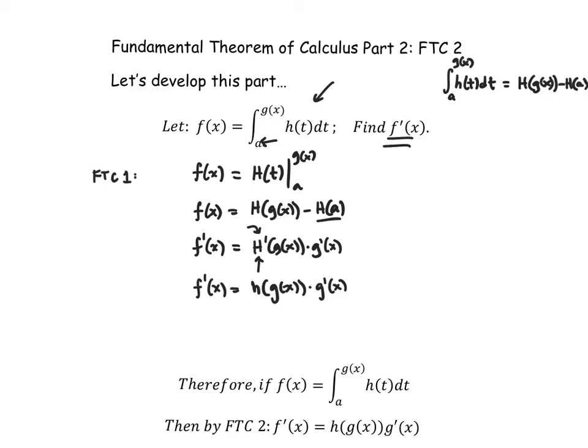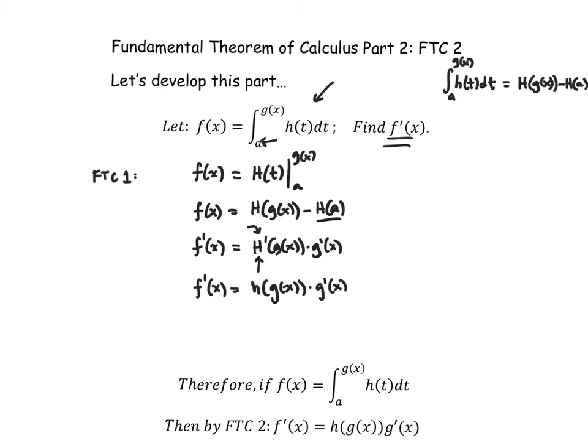Now, a couple of things you need to be aware of, and we'll look at examples in a minute. If you have a limit of a constant and a function, you always want your function on the top. Whatever you have to do to manipulate it, get your function on the top. It'll make life a little easier. If you have two functions, that's fine.